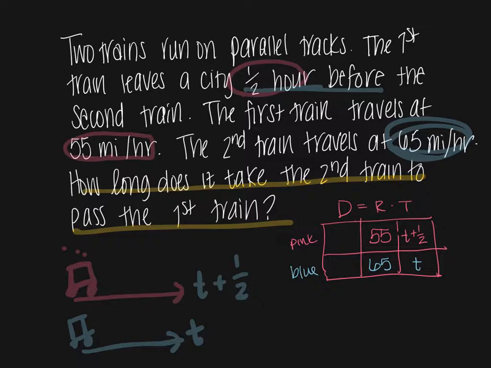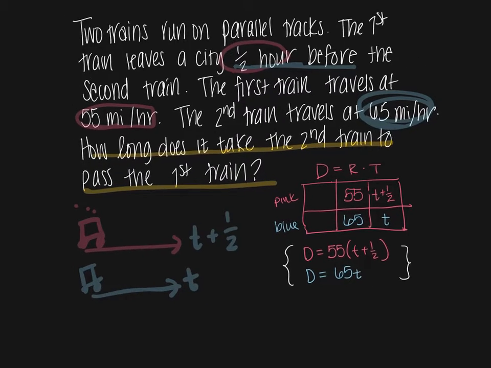Now, I can use what I know about linear systems to create these equations. Think about these as a system. If I think of my pink train as d equals rate times time, my distance equals 55 times t plus 1/2. And my blue distance equals 65 times t.